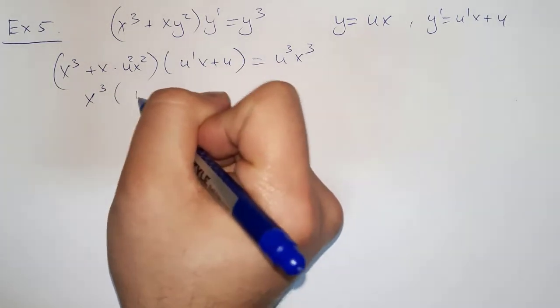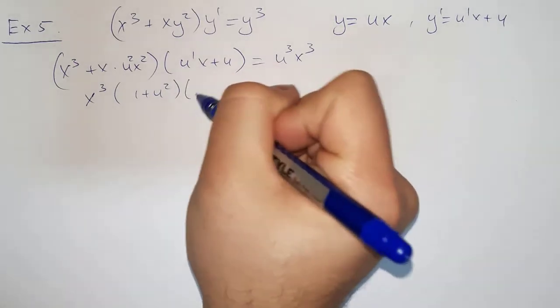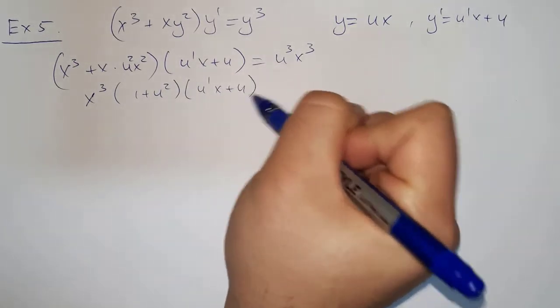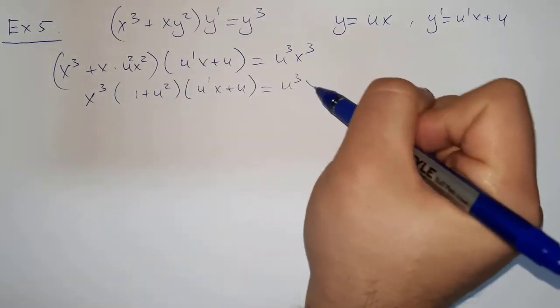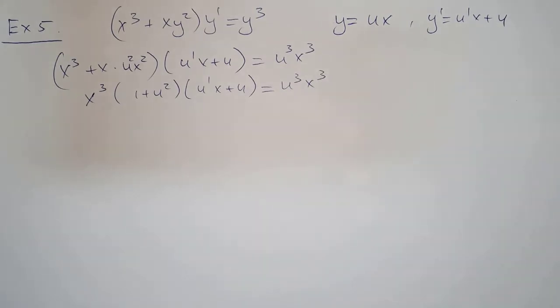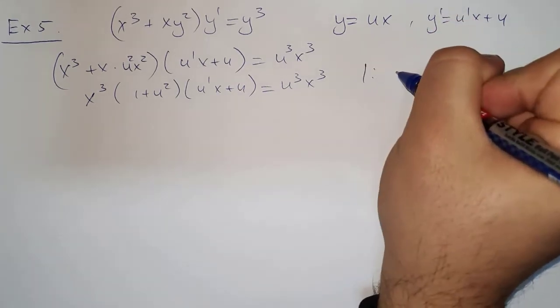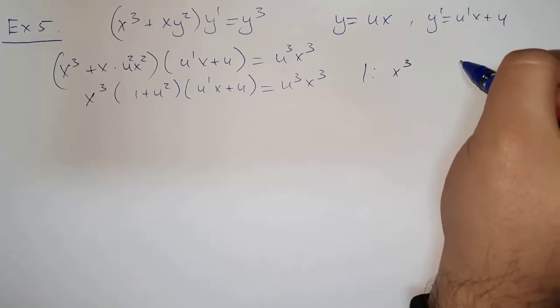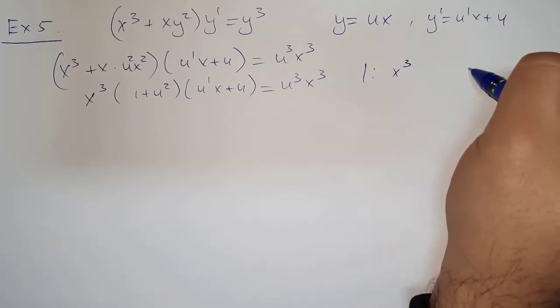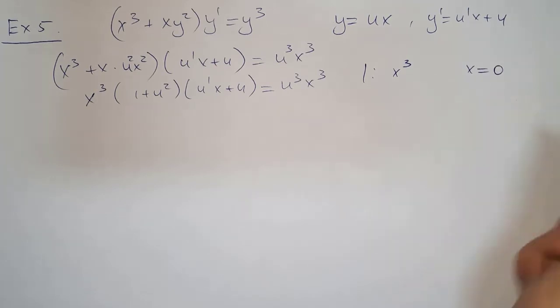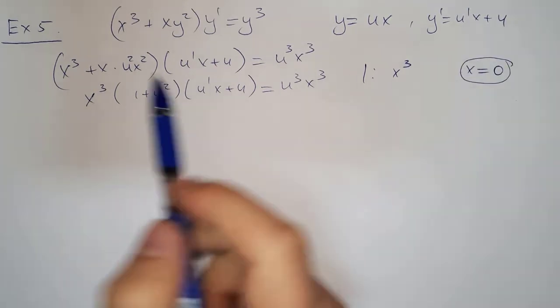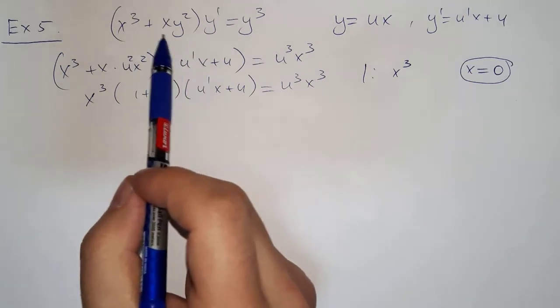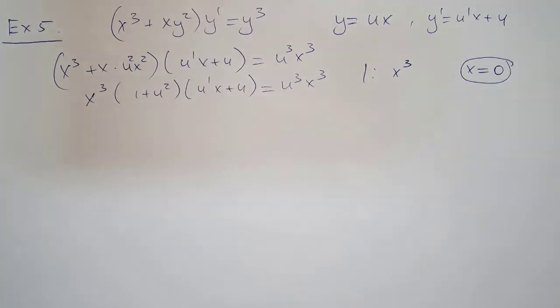And here we have 1 plus u squared times u prime x plus u equals u cubed x cubed, and divide both sides by x cubed. Here you need to notice that x is 0 is not a solution. You can check by putting x is 0 here, and it's not our solution.